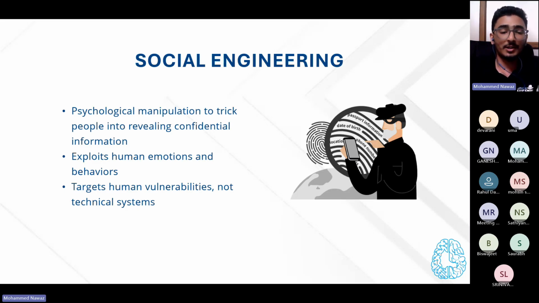The attacker will exploit human emotions like curiosity, fear, or urgency to make someone act quickly without thinking. In short, social engineering targets people, not technology, and that is what makes it a very dangerous attack.